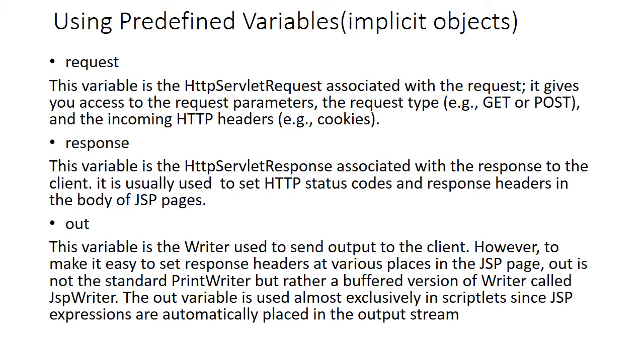I can get both kinds of request data using this implicit object. I can know what the request type is, what kind of request type the client has used to send the request, or I can get all the HTTP headers. And the best example of explicit information is cookies.